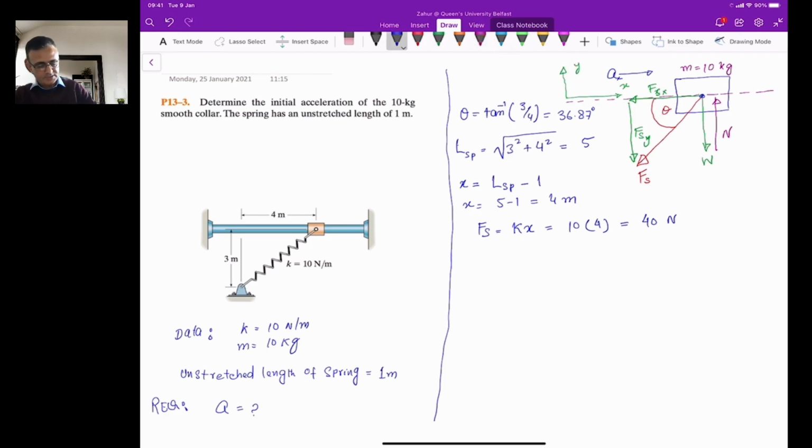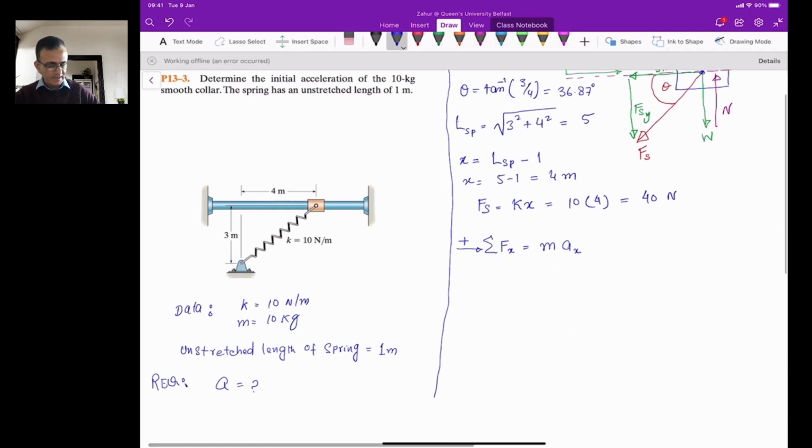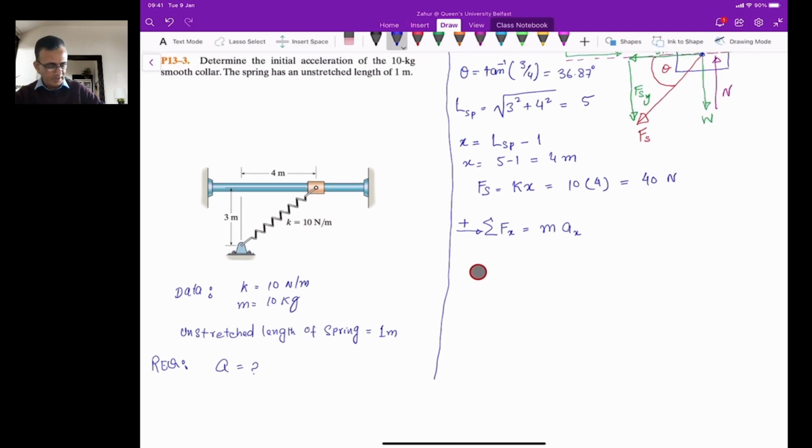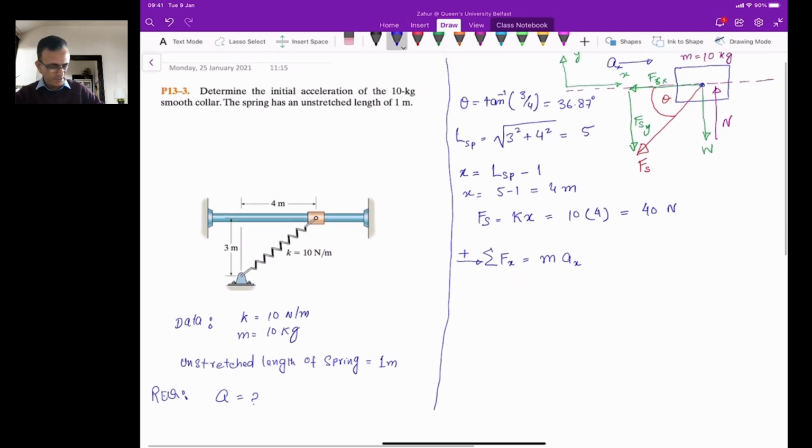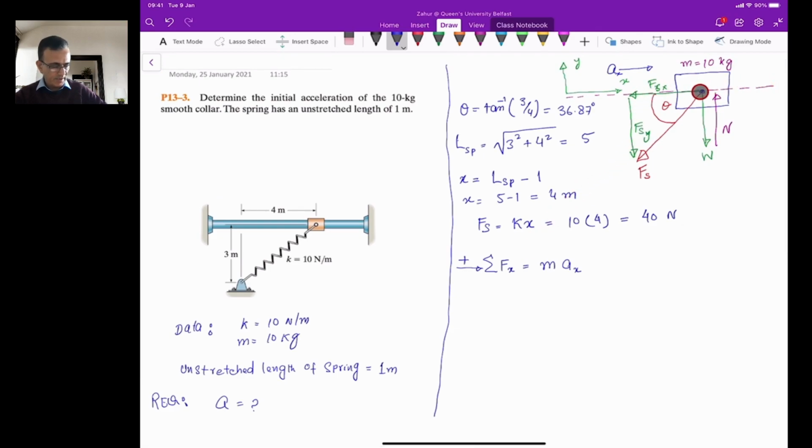Now if we use the summation of all the forces in x direction equal to m ax, and again we are taking this as our positive direction, we have Fsx in x direction, but it is negative, so the equation becomes minus Fsx equal to m ax. There is no other force in x direction here, there is only one force.